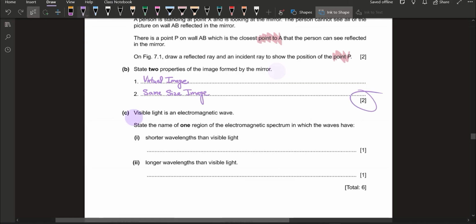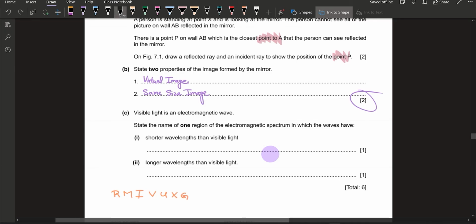Part C says visible light is an electromagnetic wave. State the name of one region of the electromagnetic spectrum in which the waves have shorter wavelengths than visible light and longer wavelengths than visible light. So for this one, we have a mnemonic here, which is Randy, Mandy in velvet uniform, extremely good looking.